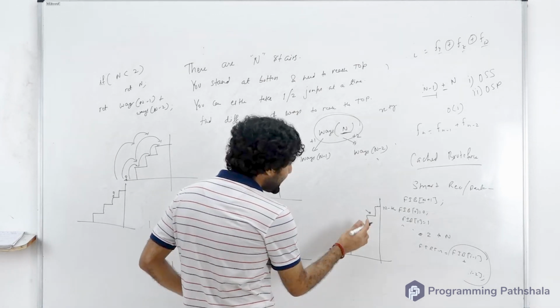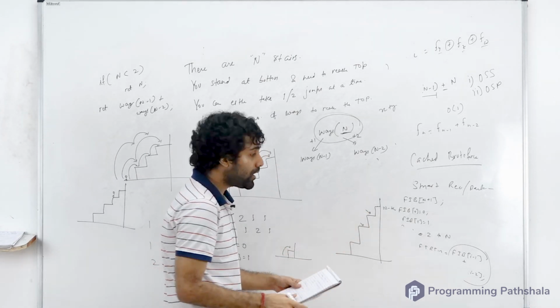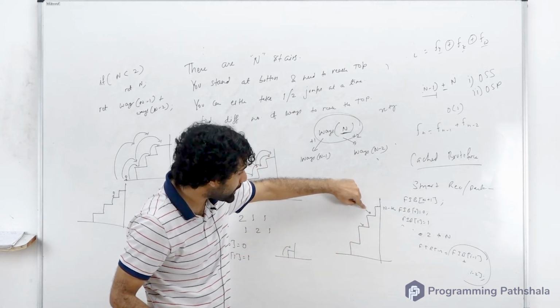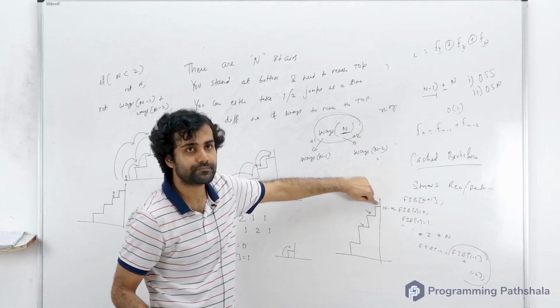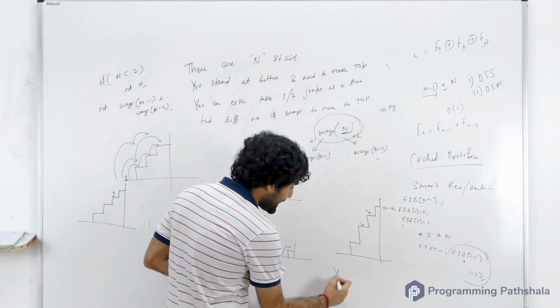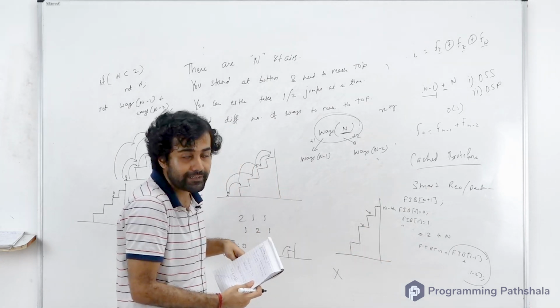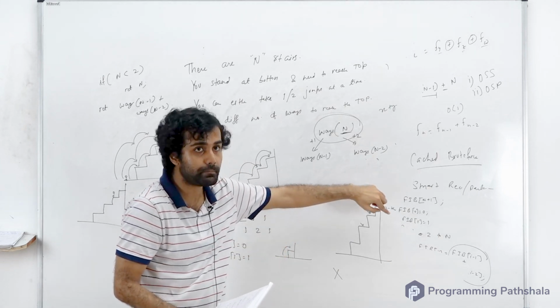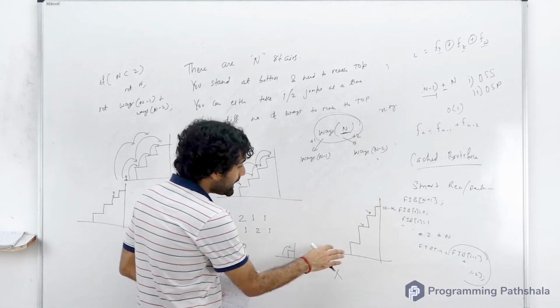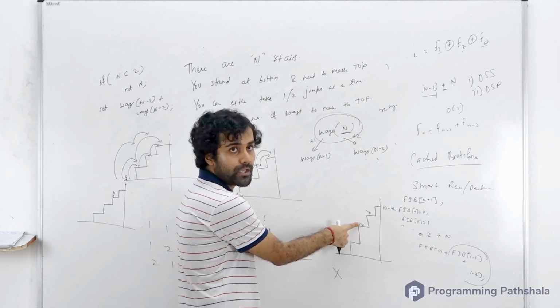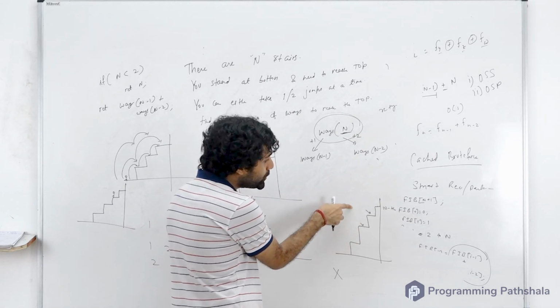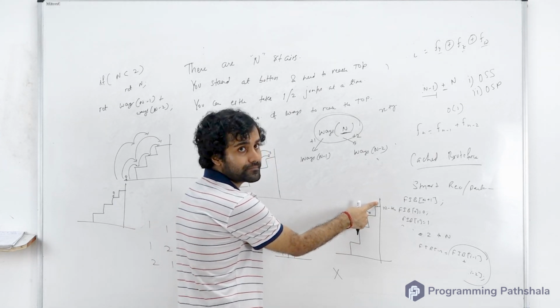So if let's say there are x ways to reach here, all those x ways can take 1 more jump and reach here. So those x ways are in one of the categories where the last jump was a 1 unit jump. Moreover, if there are y ways to reach here, all those y ways can take a 2 unit jump and reach here, right?